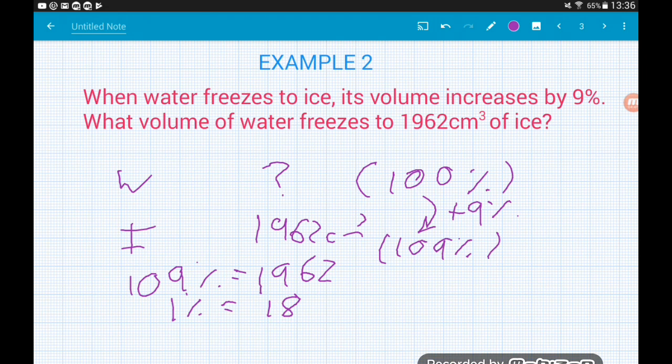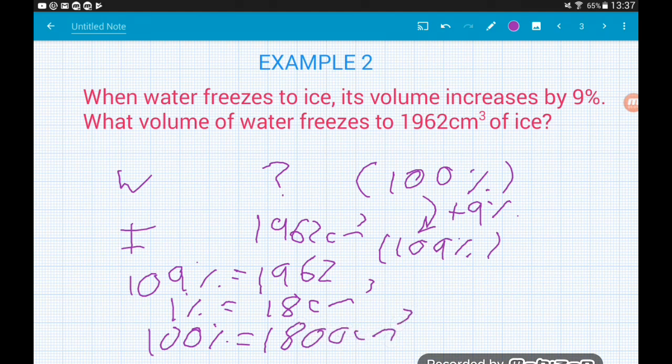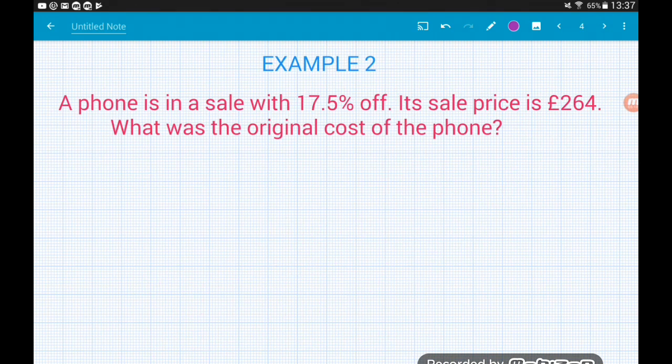So 1% of the original amount of water was 18 centimeters cubed. To work out 100% of our original amount of water, we multiply both sides by 100, which will give us 1800 cubic centimetres. Jobs are good.